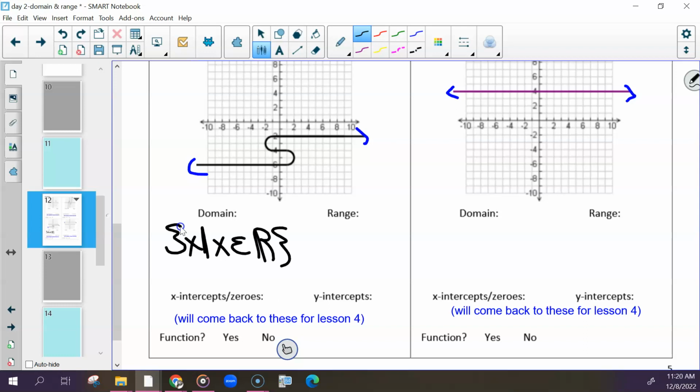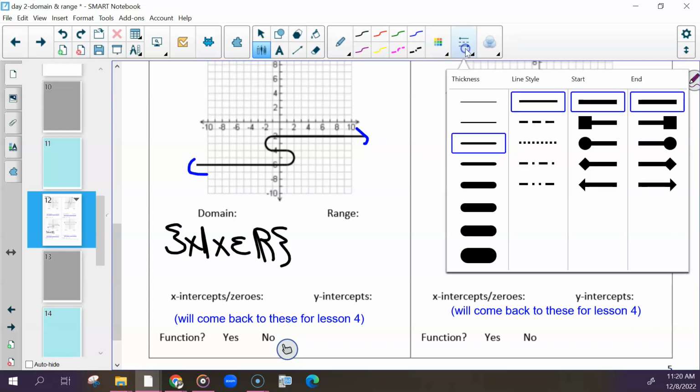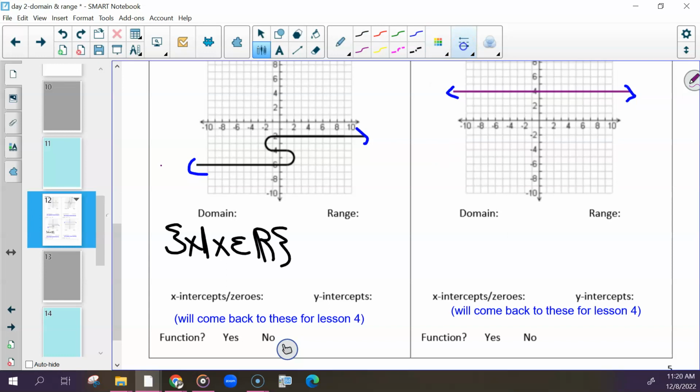For our range, do we have a lowest point? Yes, what is it? -6. What's the highest point? -2.